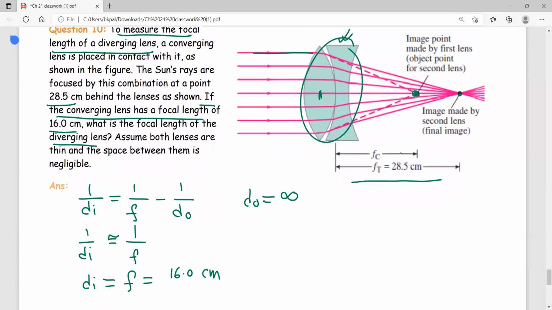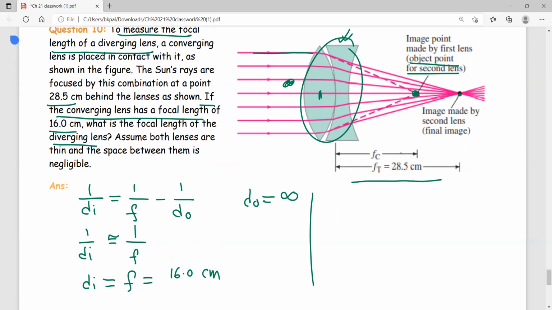Now this is the object for the second lens. You see that the object should be on this side, right? But in this case, the object is on the other side. So we have to be careful here for the second lens.